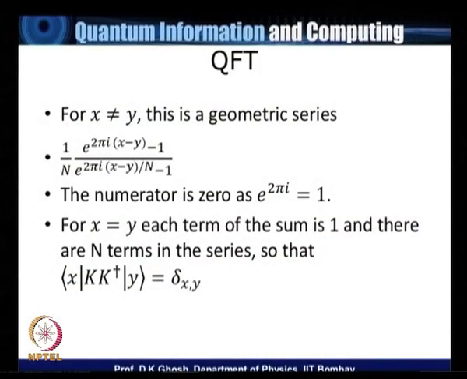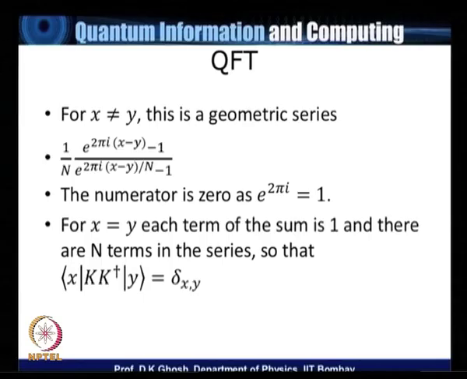So what we have done today is to extend our concept of Fourier transform for real and complex variables, continuous variables that we had learnt in physics and mathematics, to the case where my variables are discrete.